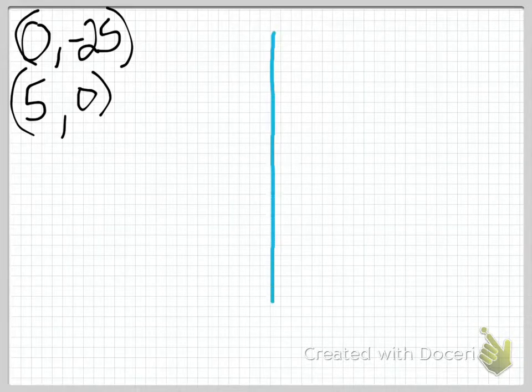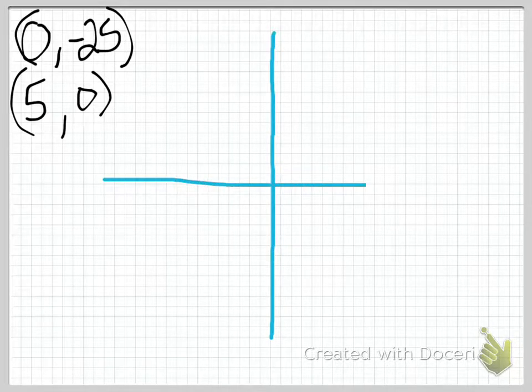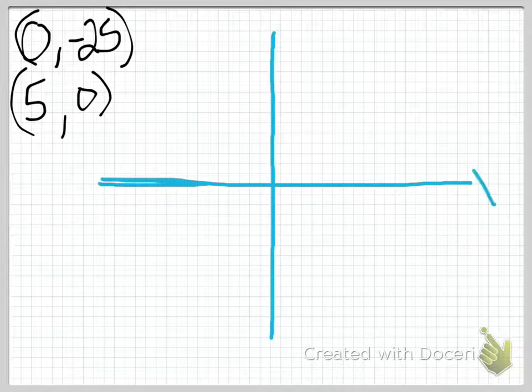There's my y-axis, and there's my x-axis. So that's my x, and that's my y. And I'm going to plot my points. So I'm going to go to 5, 0. I'm going to start at 0, and I'm going to go to 5.